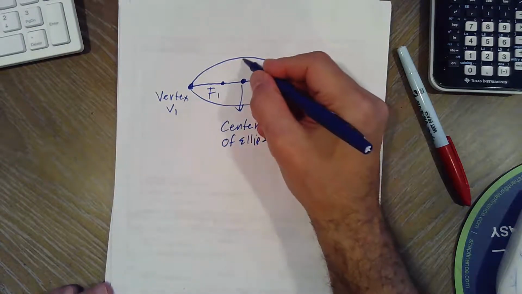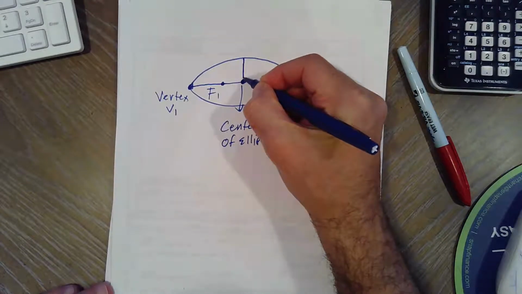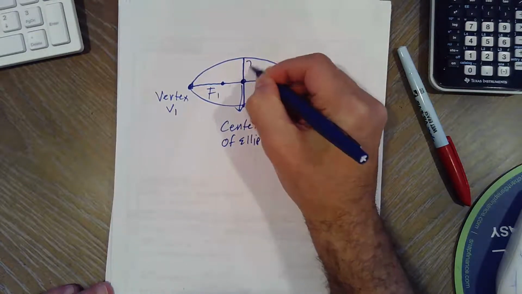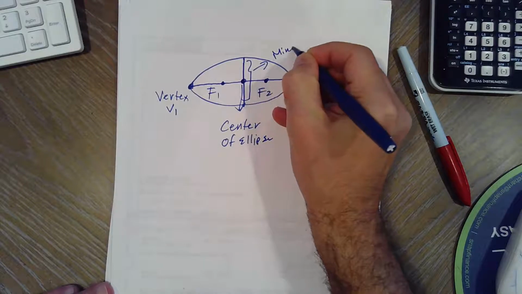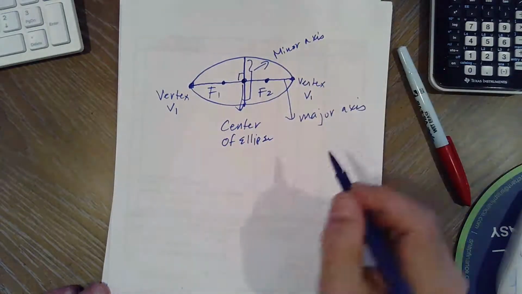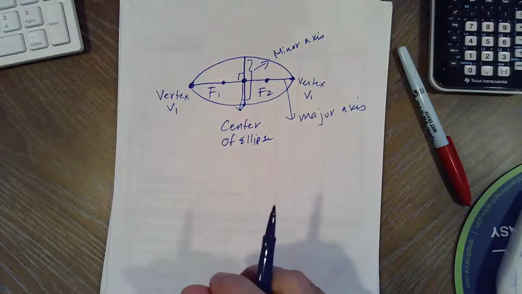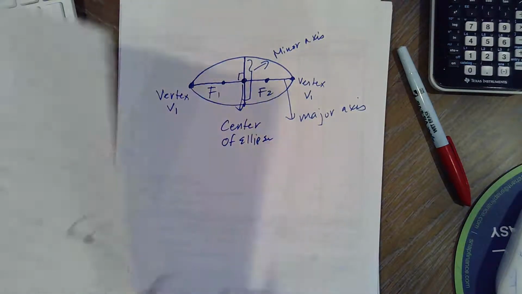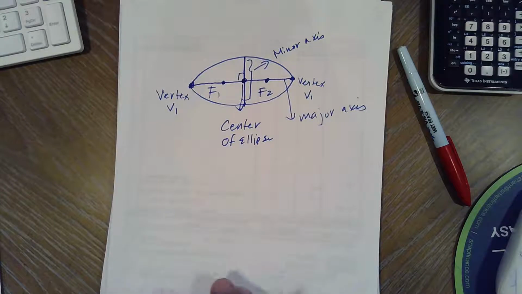And the chord that's perpendicular to the major axis through the center is called the minor axis. The chord perpendicular to the major axis, it makes it at 90 degrees and ends at the ellipse, is called the minor axis.